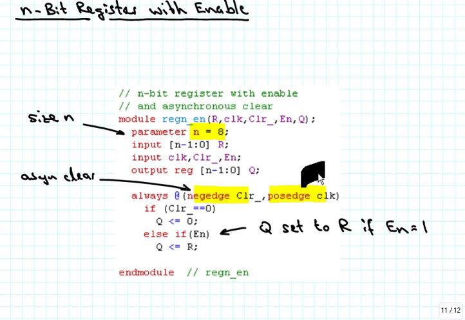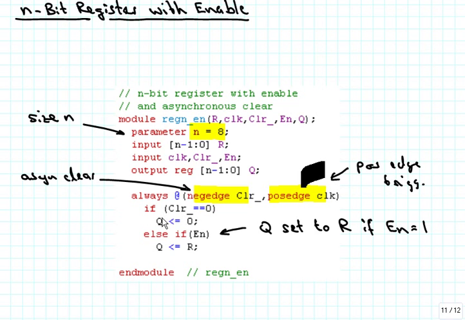Okay, so let's go here. So this is positive edge triggered. And as usual, we ask first whether clear is equal to 0. If clear is equal to 0, we set Q to 0.